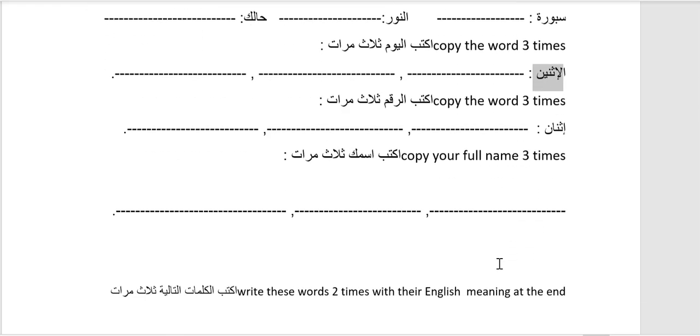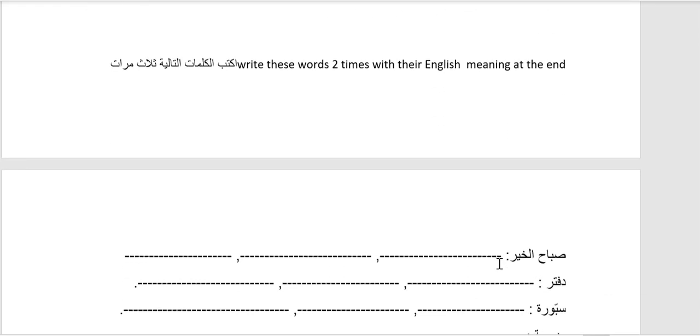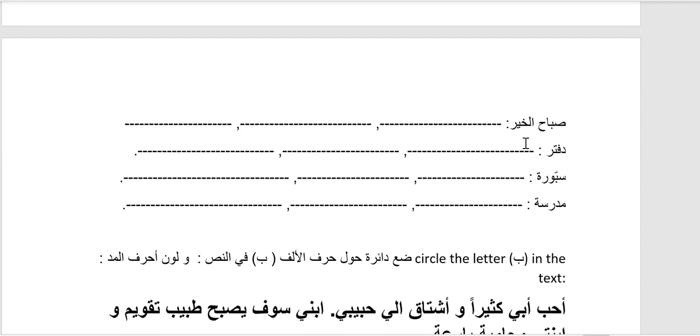You need to practice your name also three times. Now for this part, you need to write Sabah al-khair, copy it twice, and translate it into English. Please try to memorize this vocabulary. For example, sabah al-khair means good morning.